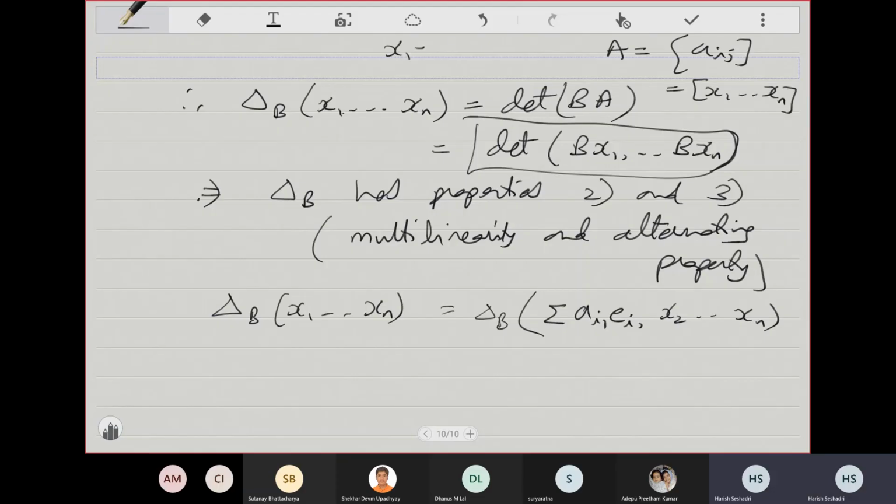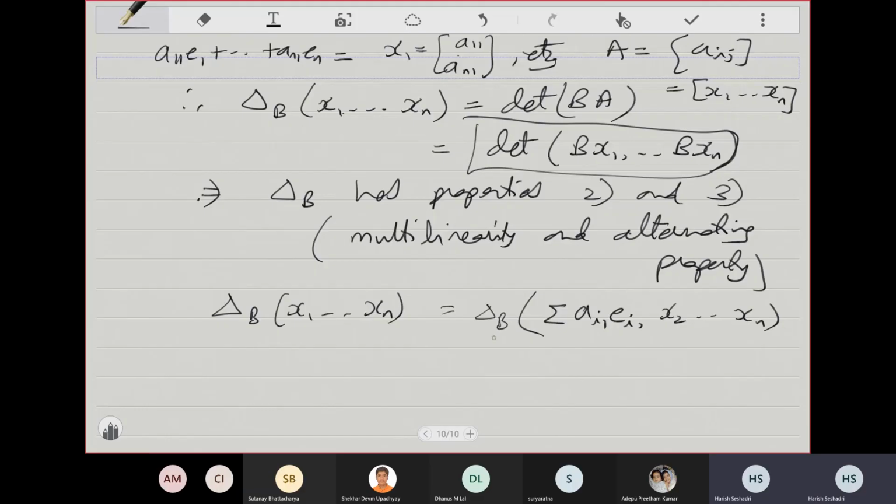So this x1 would be A11, ..., An1, etc. So the point is that this x1, for instance, would be A11 e1 + ... + An1 en in terms of vector notation.